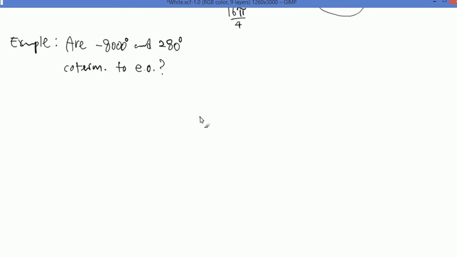So you are given a large angle and another small angle. They're asking if these two angles are coterminal to each other. 8,000 is challenging to actually do one rotation at a time. So the best way is this. If they're coterminal to each other, what is supposed to be happening? These two things are not the same, but plus 360 times n must be involved in there, right? So if we solve for n, it must turn out to be what kind of number? An integer. No fractions involved in there.